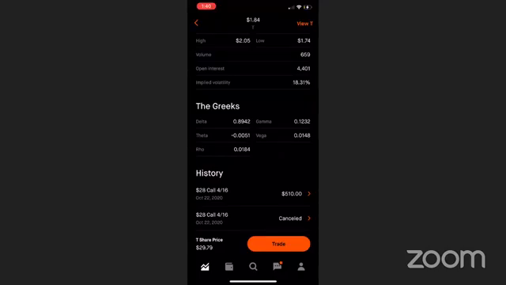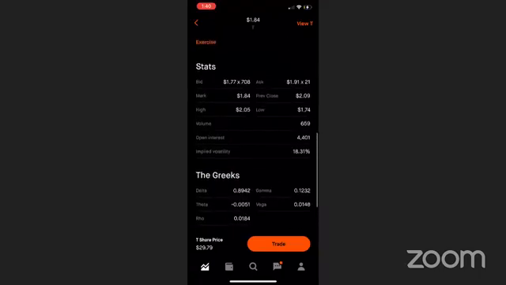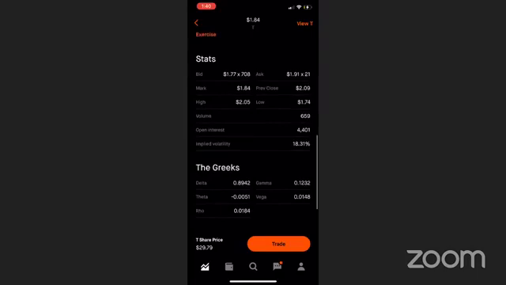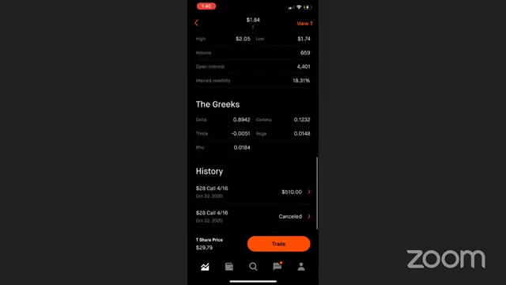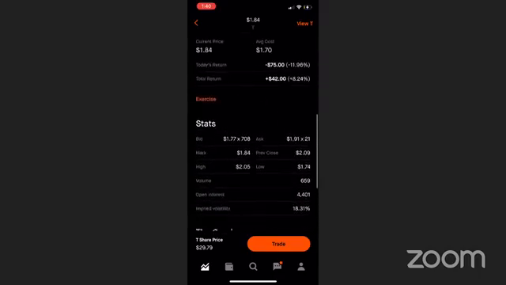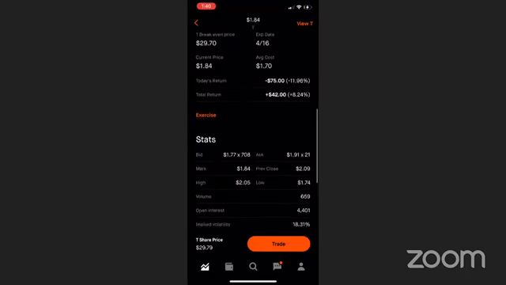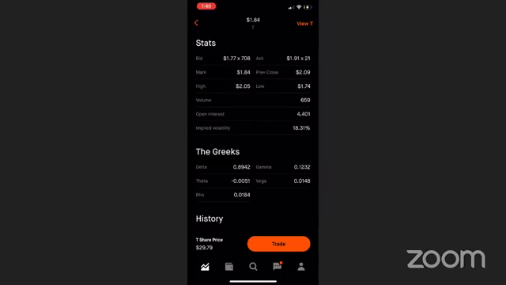So if AT&T goes from $29.79 up to $30.79, then that means that these premiums will go up by 89 cents for that first $1 move. So right now it's at $1.84. It'll be worth $1.84 plus 89 cents just for that $1 move if it goes up before April the 16th, because it expires then. All right, so that's delta. Delta is the dollars. That's the first $1 move up or down.